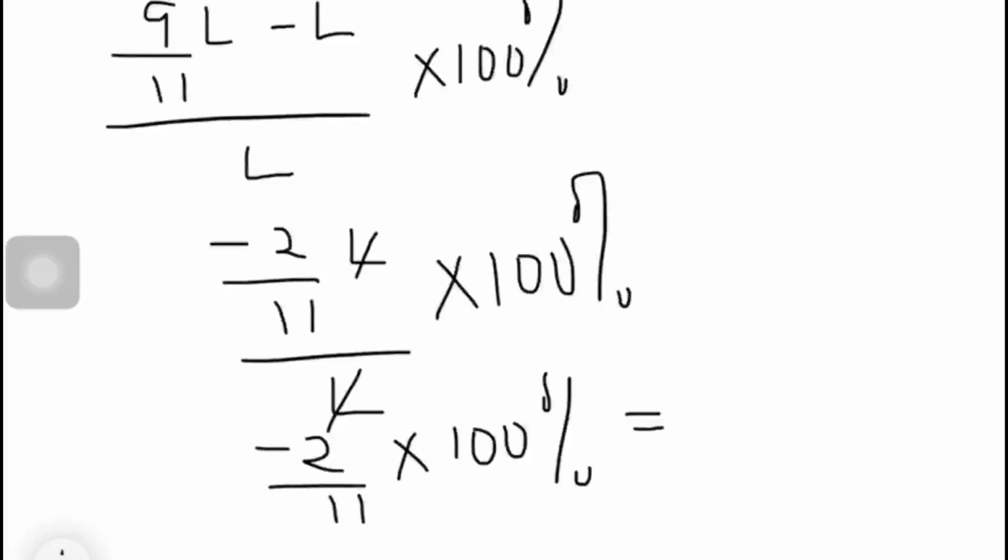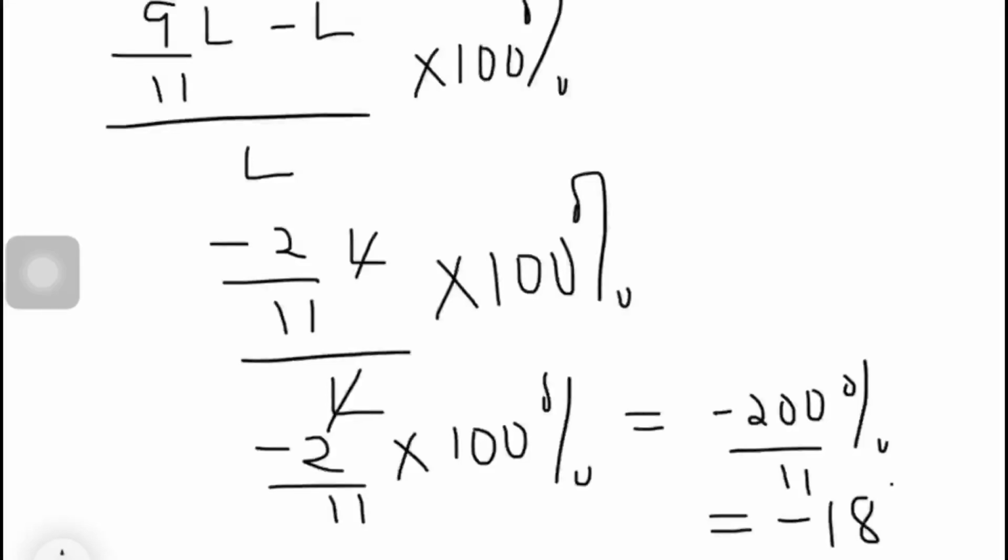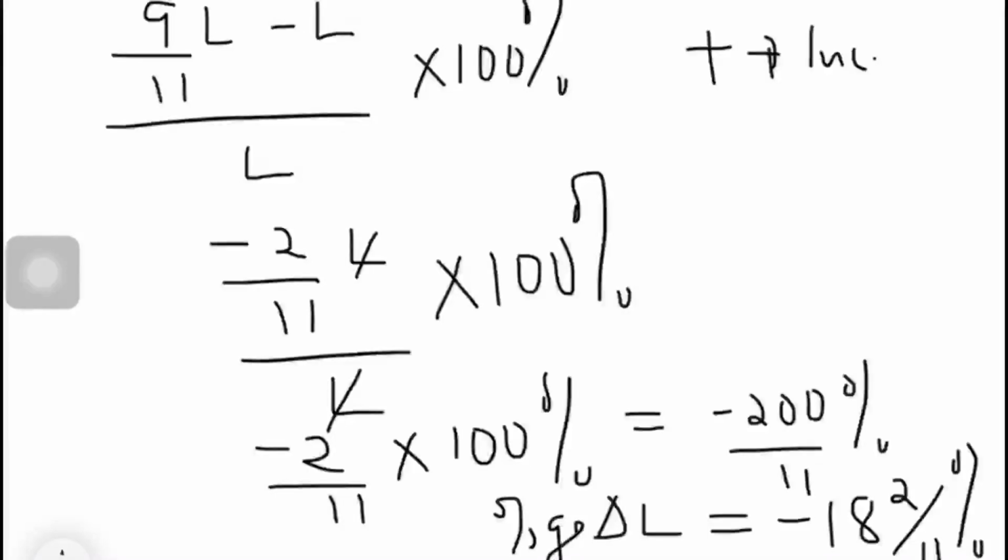And this is the same as what? Negative 200 divided by 11%, and this finally comes to minus 18 2 over 11%. And therefore we can say that this was the percentage change in L. If I don't want to write using the negative sign, it means I have to write a decrease, because a positive indicates an increase while a negative result indicates a decrease.